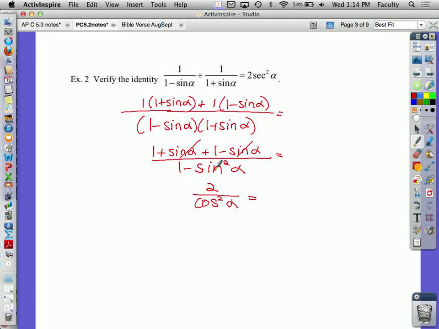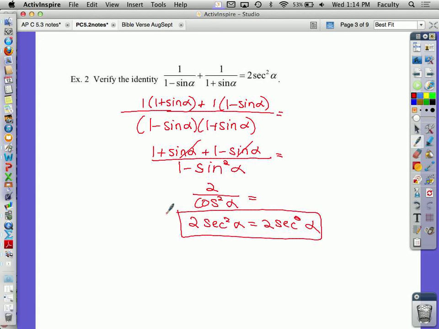Or if you jump from here to there, I don't know that you knew that was cosine squared. You could have just been stuck and written the right side down. So from here, it's fine to do that. Does that make sense? Don't skip too much. From here to there, you would have lost points to have jumped.